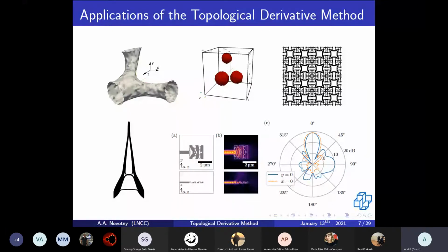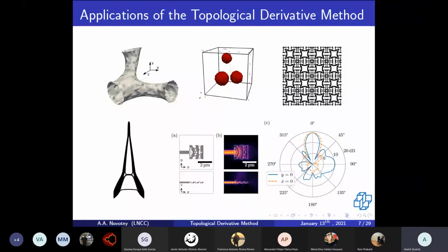Okay, and here in the middle, the design of nanophotonic devices. This is a nano-antenna. Note that the scale is quite small. We have 2 micrometers here. Okay, and this is light.